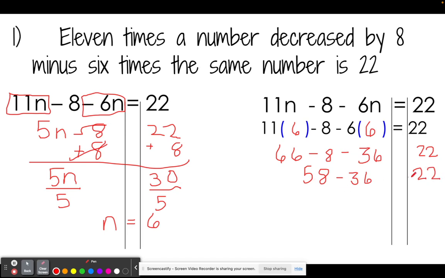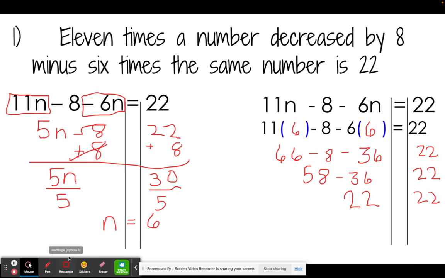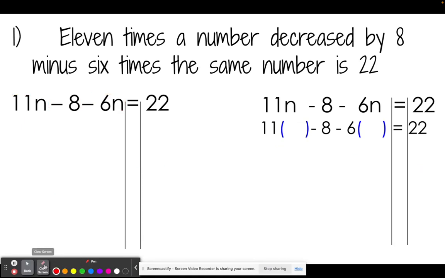If you get to this point and you say, yeah, that's true, that's fine. Or else you can actually subtract it and say, yep, this is 22. And 22 definitely equals 22. So yes, my solution worked. Remember to clear the screen this time since I'm bad at that.